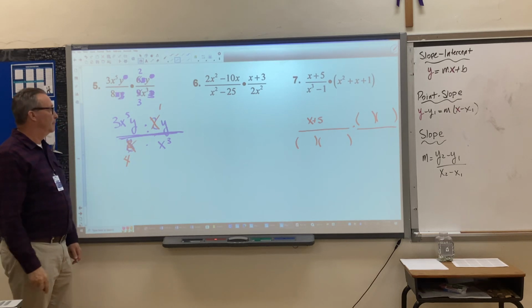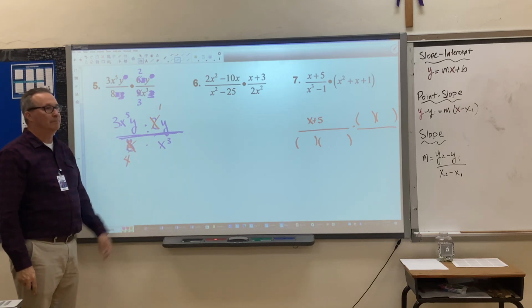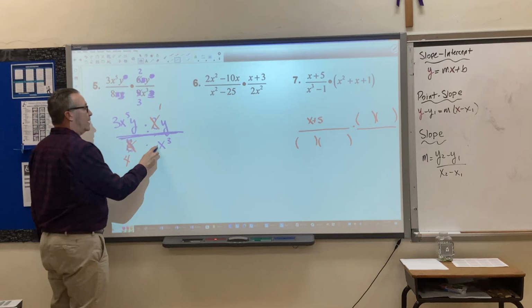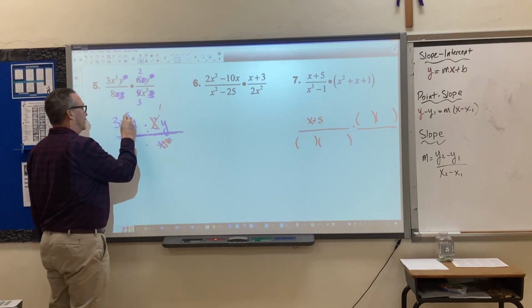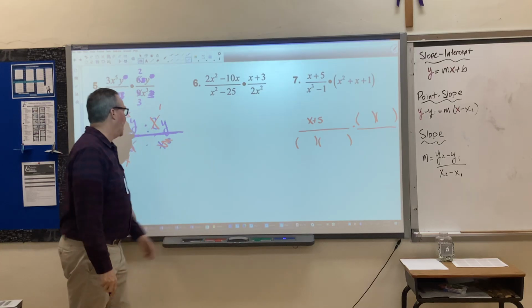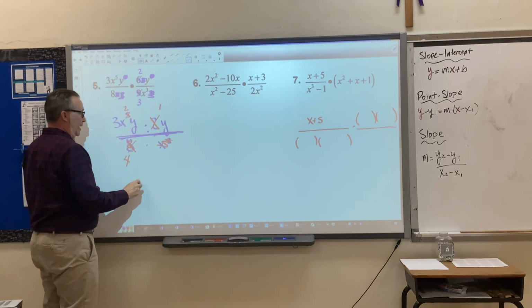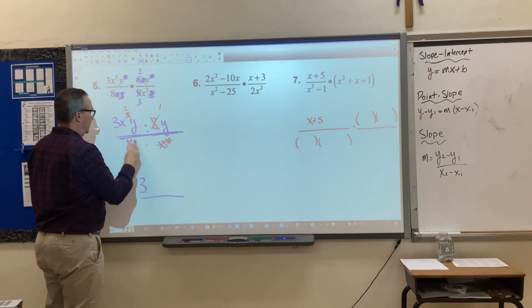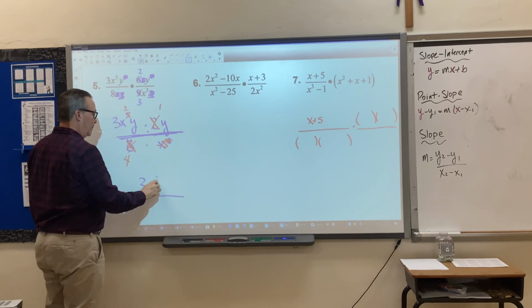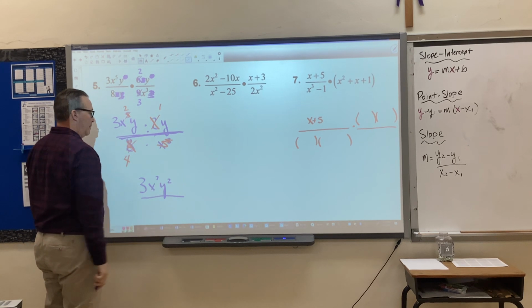Yeah. And the x's also. X squared? Yeah, so these 3 x's cancel 3 of these 5 x's. And just 2. So the top, what do I have? 3 x squared y squared. And the bottom, 4.